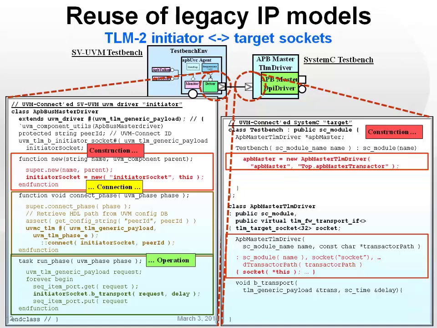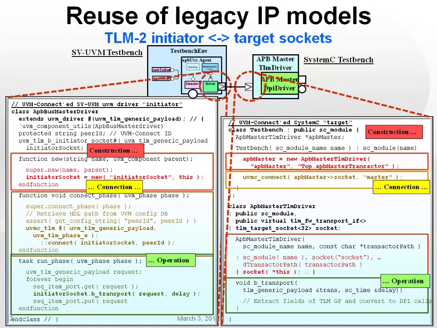You do a standard TLM socket binding. And then on the connection phase, again, you've got the UVM Connect call, and again, two simple parameters, the port itself and a rendezvous identifier. And then for operation, you implement the b_transport. So the result of calling b_transport from the initiator is b_transport being called on the target. So that's a simple initiator-target connection.